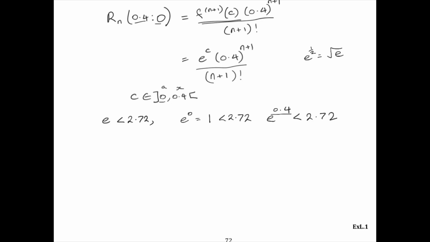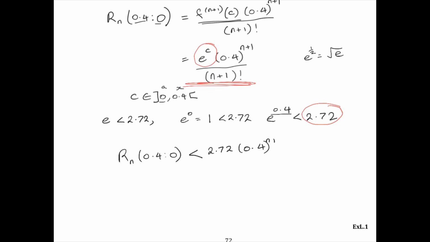So my point is that R_n, that we wrote down a second ago, would be less than, I can replace e to the c with 2.72. I'm subbing in now a larger value than the original, therefore the error would be less than 2.72 times 0.4 to the n plus 1 over n plus 1 factorial.